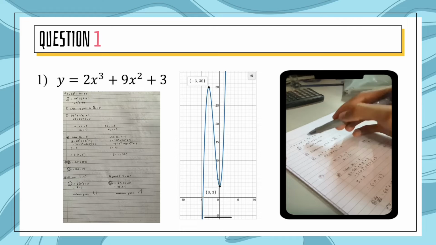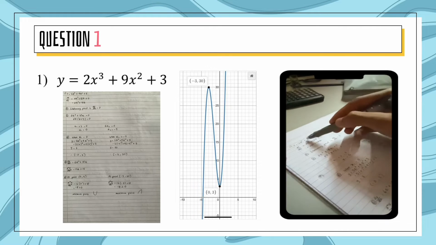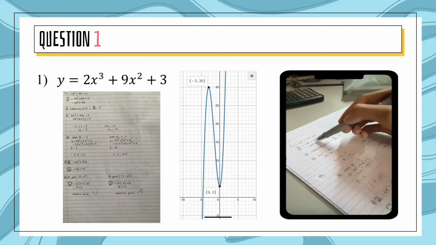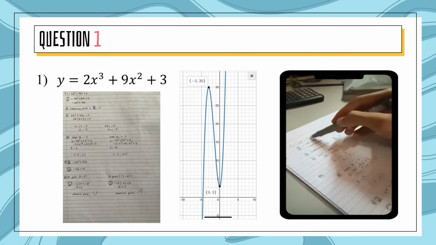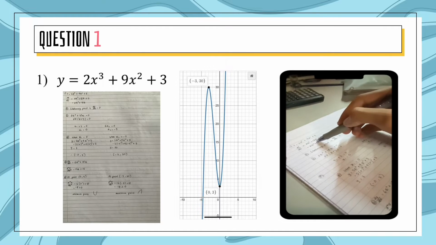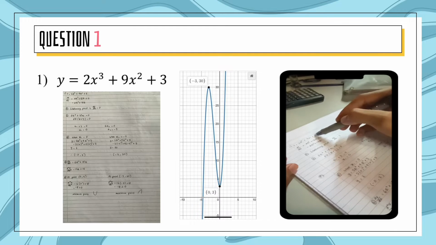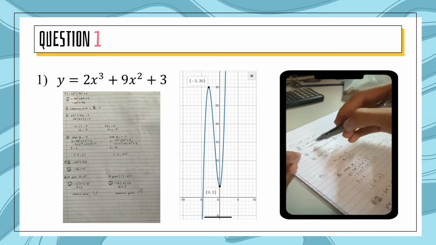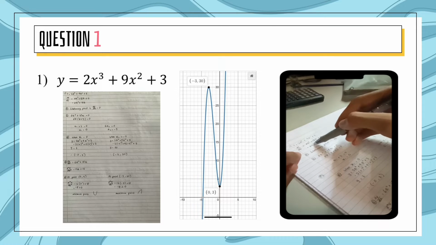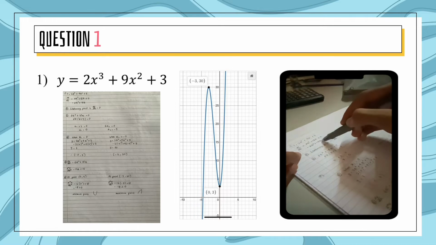Then 9 times 2 equals 18, and this power will be 1. Then 3 will be 0, because this number has no x value. So we get the answer like this: 6x power of 2 plus 18x.